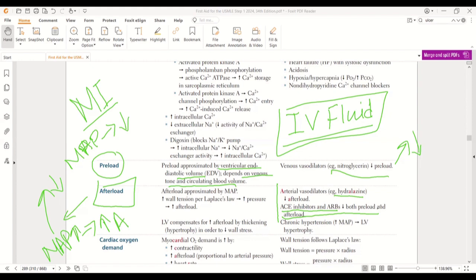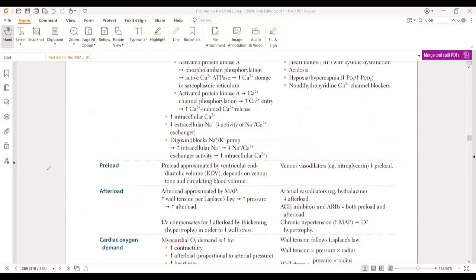One more thing. Chronic hypertension leads to left ventricular hypertrophy. There are two types of ventricular hypertrophy. Can anybody tell me? Eccentric and concentric. This is a highly repeated concept.